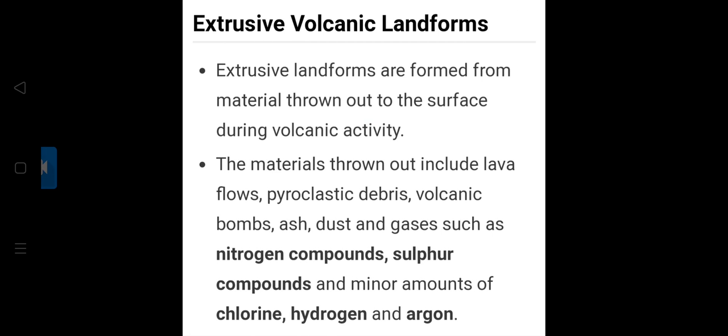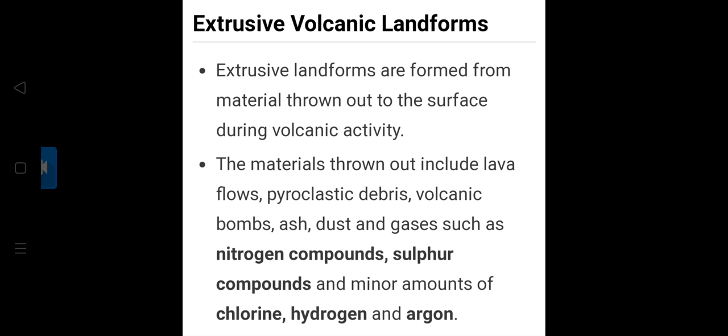Extrusive volcanic landforms. As I said, it is divided into extrusive and intrusive volcanic landforms. Extrusive landforms are formed from material thrown out to the surface during volcanic activity. The materials thrown out include lava flows, pyroclastic debris, debris means remains, and volcanic bombs.